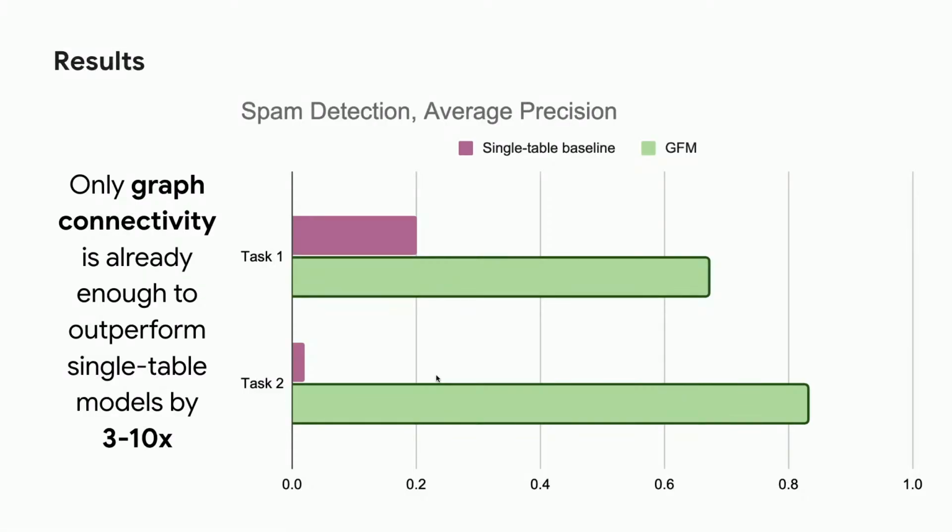But yeah, basically, we get significant performance improvements from using graph inductive biases, essentially by converting tables to graphs, compared to best available single table models. So something that is state-of-the-art in the literature, state-of-the-art that works in production, something that can be found in open source.